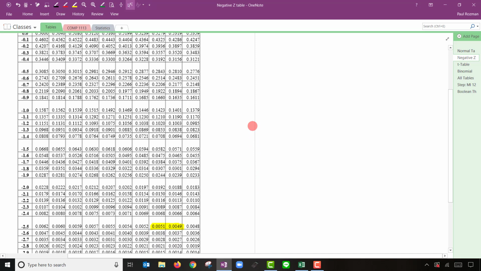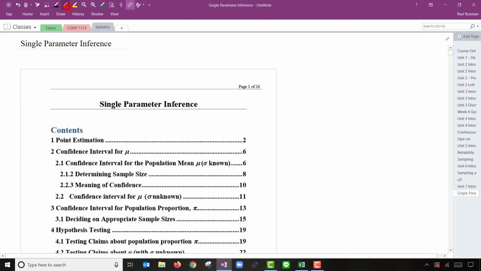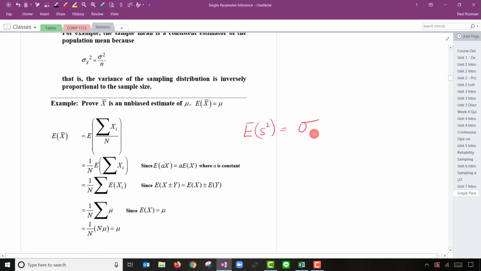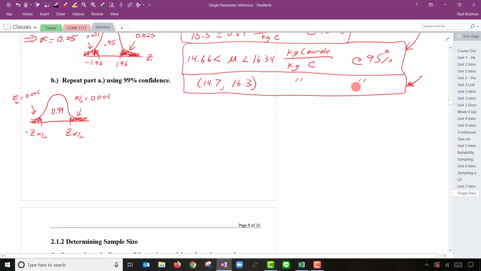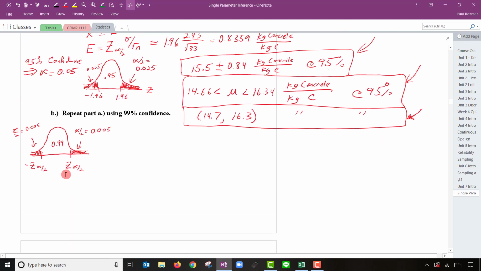So negative 2.575. So it's positive 2.575 and negative 2.575.